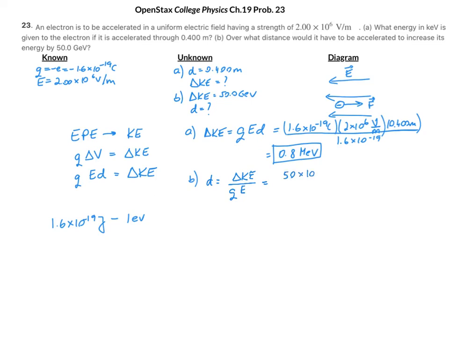Giga is times 10 to the 9th, and we have to convert from giga-electron volts into joules, so that's 1.6 times 10 to the negative 19th, divided by 1.6 times 10 to the negative 19th, times the electric field, which is 2 times 10 to the 6th, and we're left with 25 kilometers.